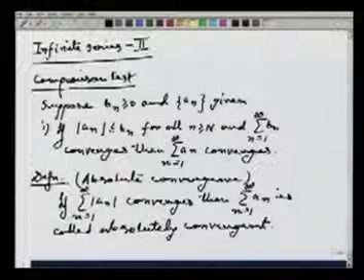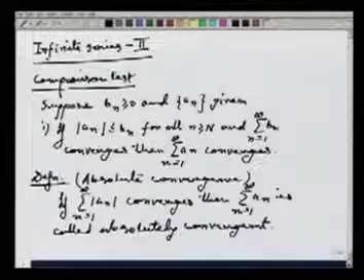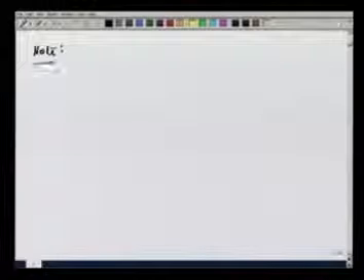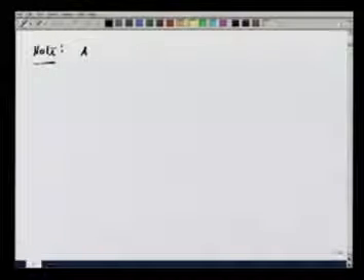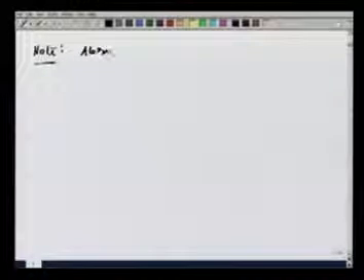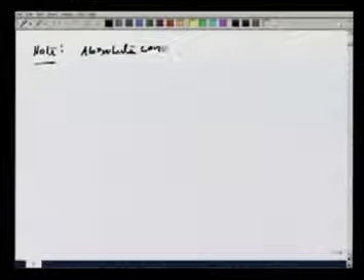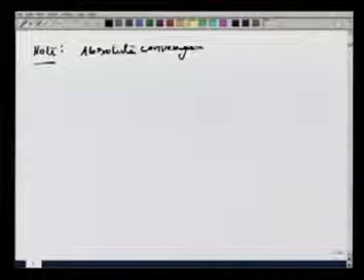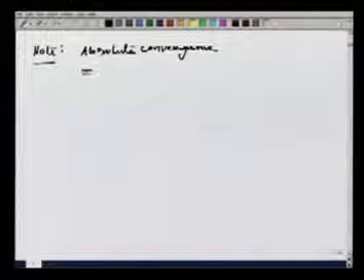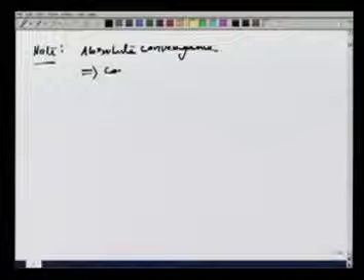Okay. Now the question is, what does absolute convergence have to do with convergence? Well, that is very simple. So I will just put it as a note. It says that absolute convergence implies convergence.